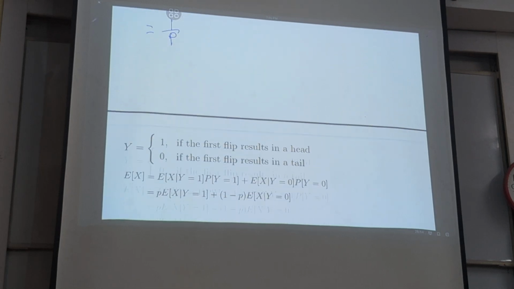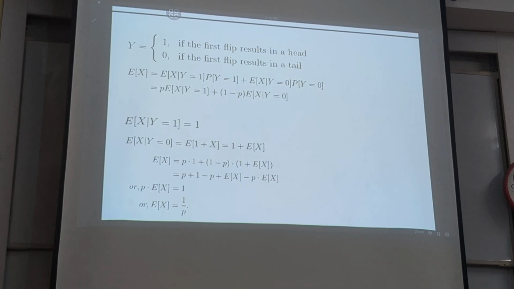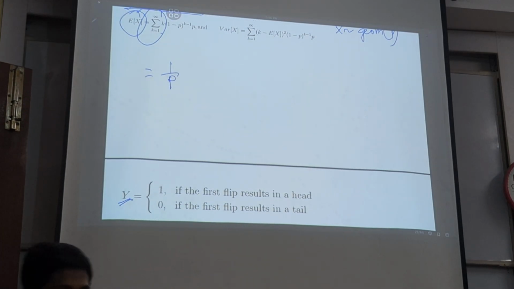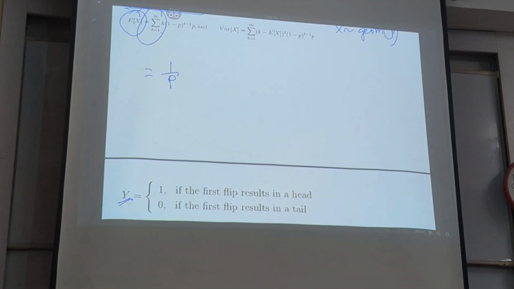Let's see how simple it is. I think you already noticed that to apply the law of total expectation, you need two random variables, X and Y. Even if Y does not exist, you can assume it.